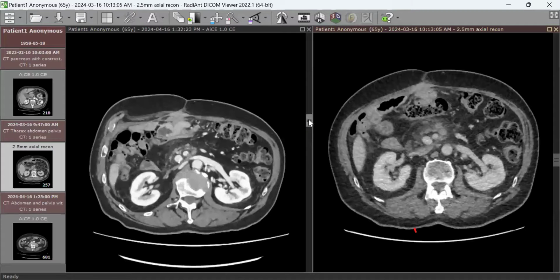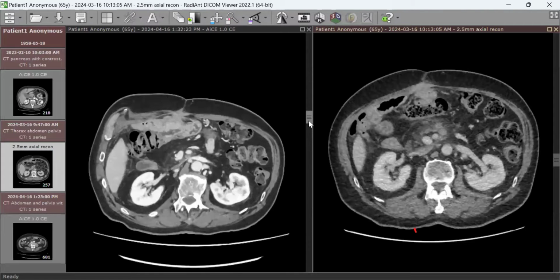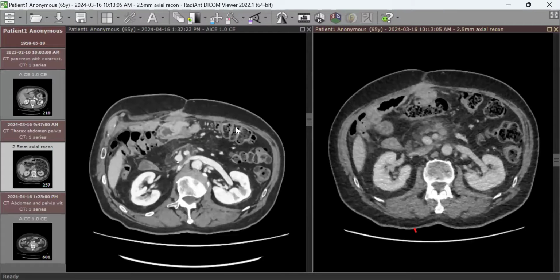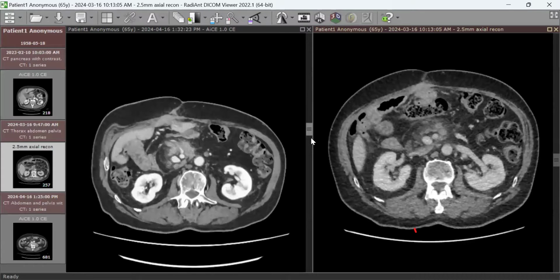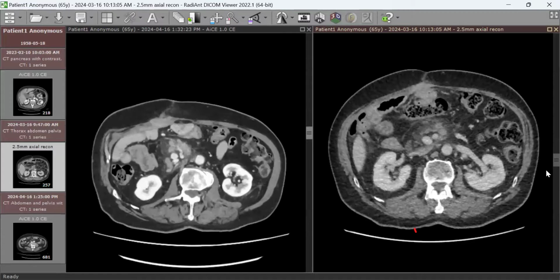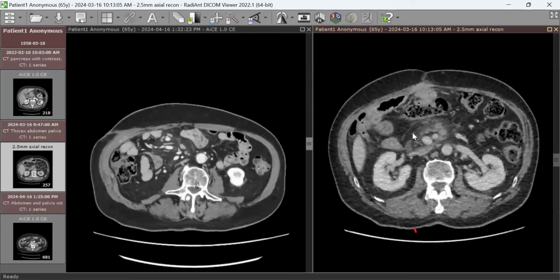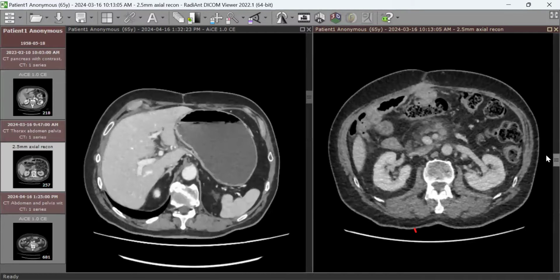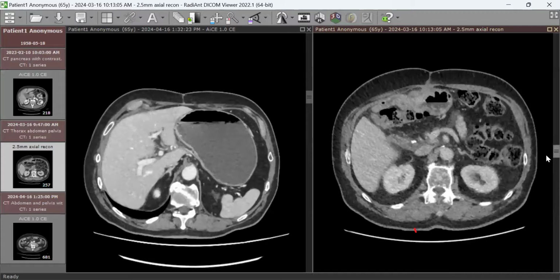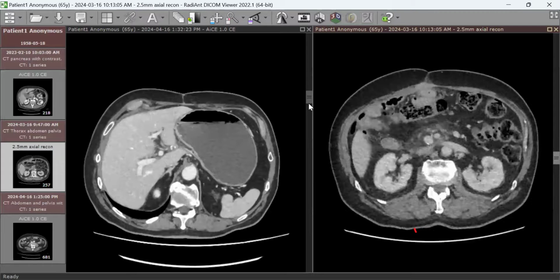And it's affecting this area here at the site of gastrojejunostomy. And definitely when we compare, these are lymph nodes here, we saw that it wasn't that big on the previous scan, but it's now definitely growing.